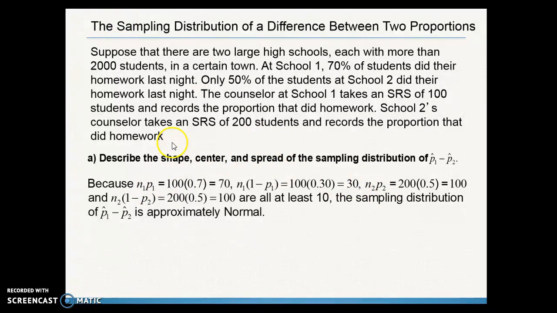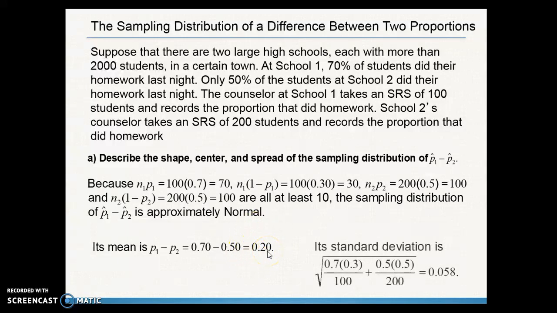I just check the normal condition for both of them, for my first sample and my second sample, the same way that you did back in the other unit. Since both of those are at least 10, if I subtract the two proportions, that sampling distribution is also going to be normal. The mean is, since we're subtracting two random variables, 0.7 minus 0.5, so the mean of the sampling distribution will be 0.2.